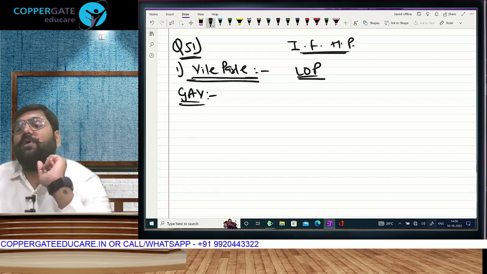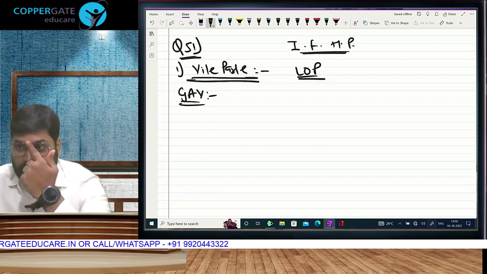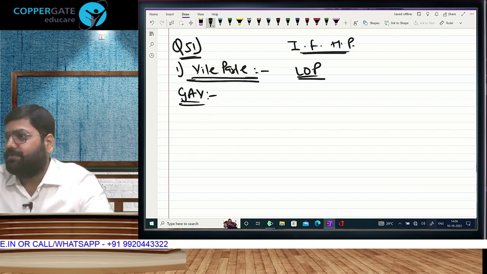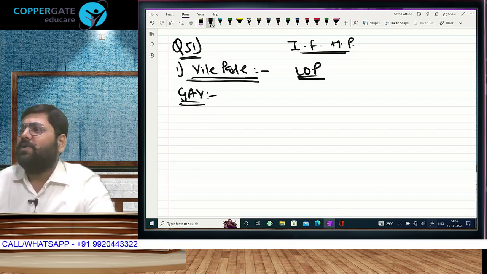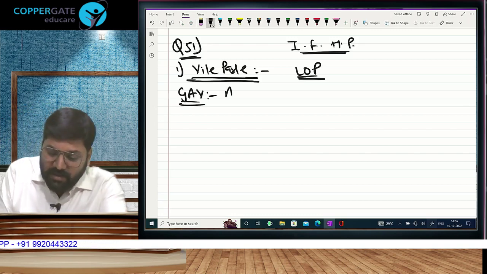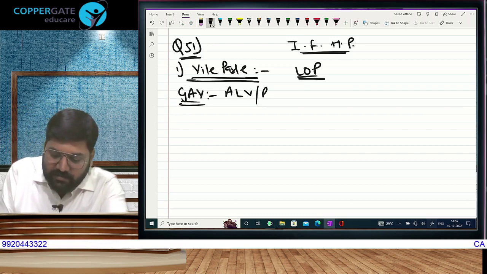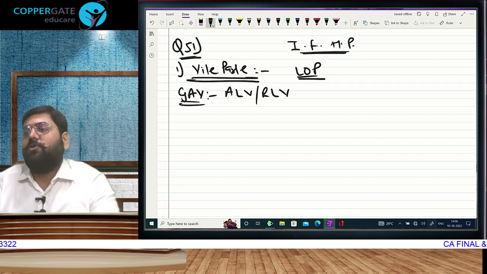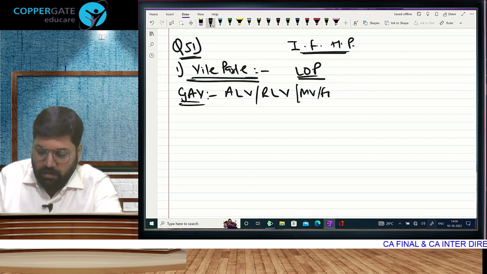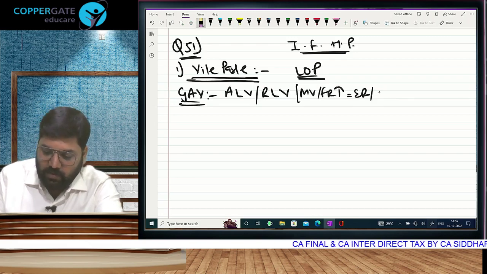Municipal valuation, fair rent, which are सीधा tell me what is ALV RLV. वो municipal valuation और fair rent whichever is higher को expected rent बना के compare with standard rent whichever is lower.